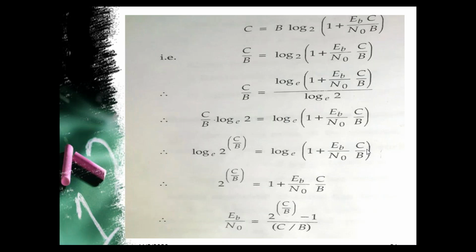All of you please write these terms, this derivation. Anyway, I will be sharing this PPT and the recordings of these sessions, but please note down all of this. Okay, log 2 raised to C by B is equal to log e of 1 plus Eb by N0 C by B.